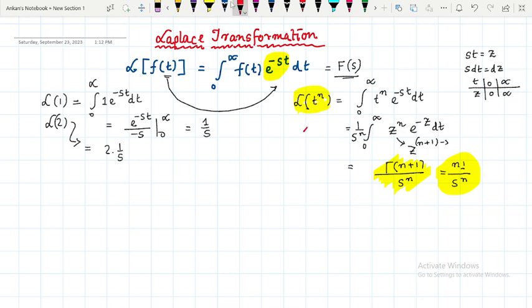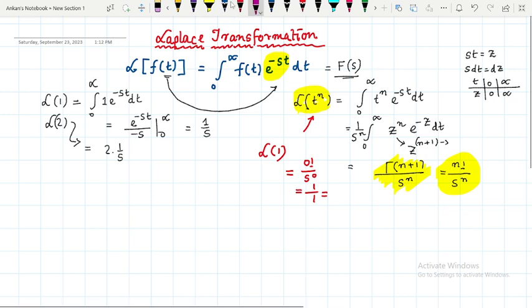When n is equal to 0, that is the Laplace transformation of 1, it is nothing but 0 factorial by s to the power 1, sorry, something is wrong here. Okay, so when we change this dt to dz, dt is nothing but dz by s.